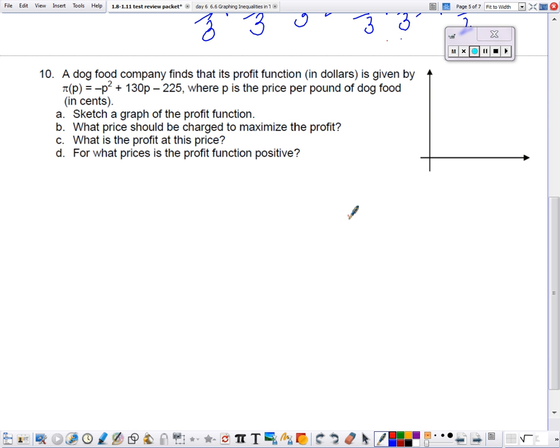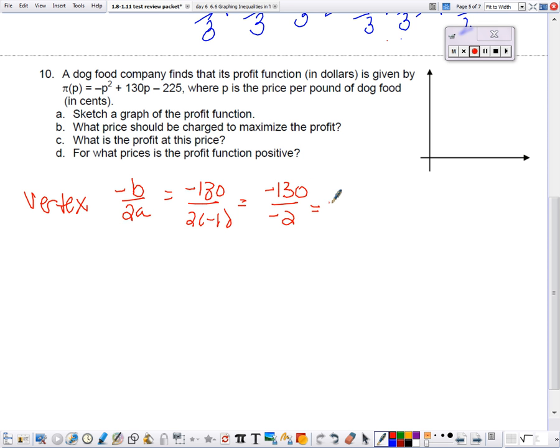Okay, so to sketch this quadratic graph, I first want to know where the vertex is. So I can find that by doing -b/2a. It's -130 divided by -2. And that gets us 65.